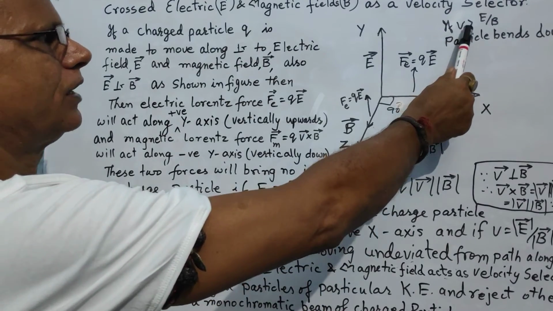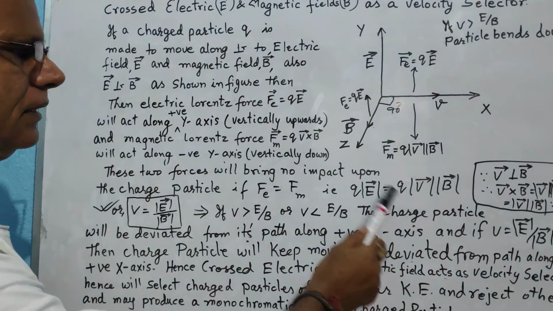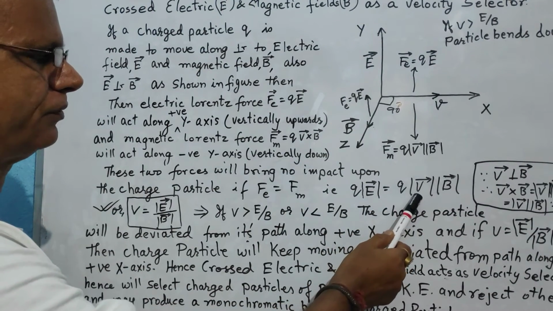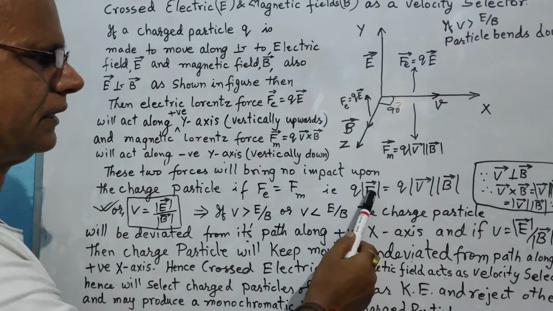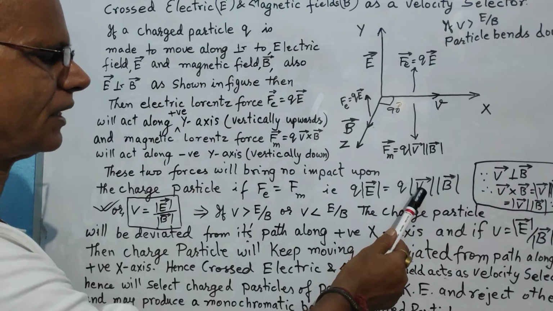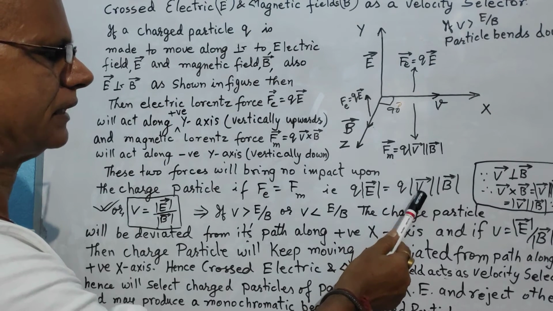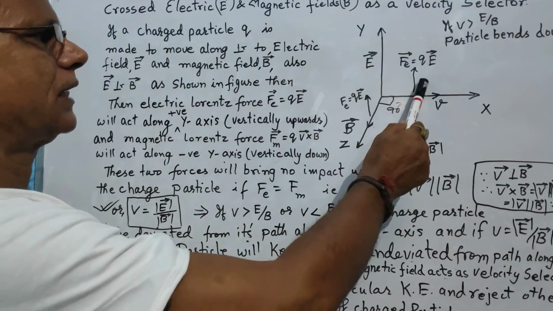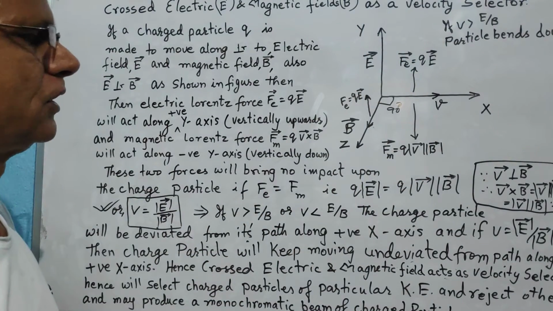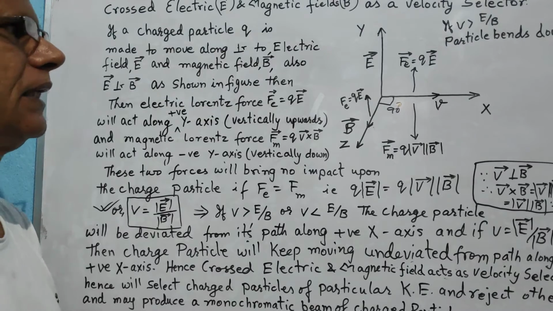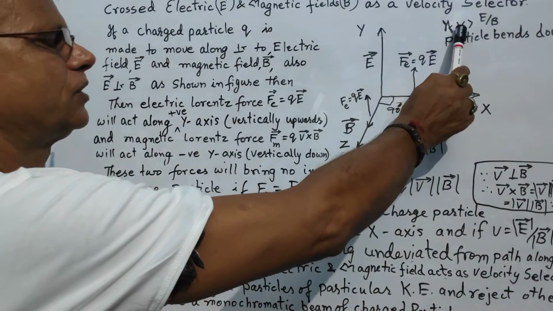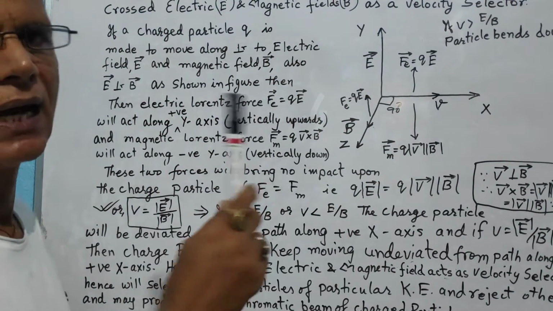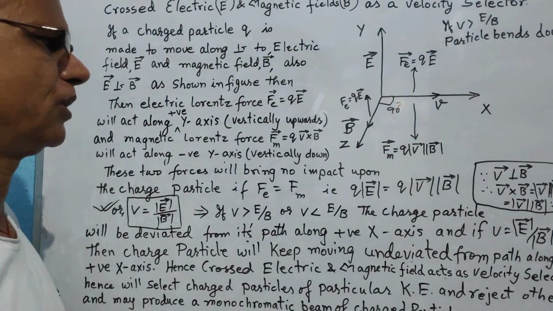Similarly, if the velocity is less than E by B, then the particle will move upward, because if you put the value of v here, it will be less than E by B, and therefore the magnetic Lorentz force will be smaller than the electric Lorentz force, so the charged particle will move upwards. So whatever the case may be, if the velocity is equal to E by B, it remains undeviated, and otherwise it will deviate from its path.